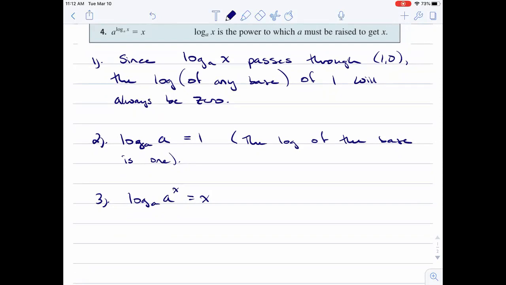But by the properties, so by the log laws, which are in section 4.4, one key thing that we can do is we can rewrite. So if we're taking the log of an exponential function, and this is how we're going to solve for x, the log laws say that we can rewrite this as the x in front. So x times the log base a of a.